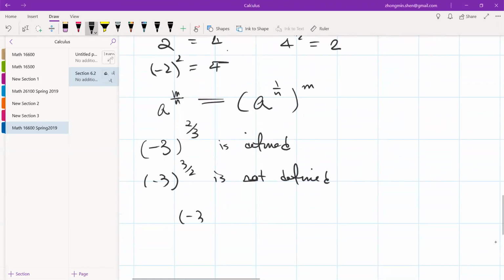Because first of all, you have to make sure the square root is defined, then you cube it. The square root of negative 3 is not defined, so that's why it's undefined.